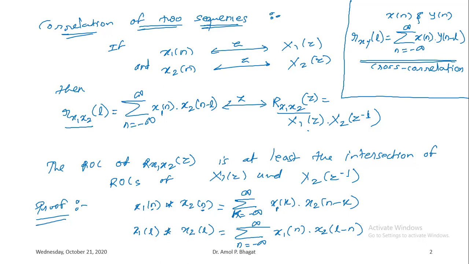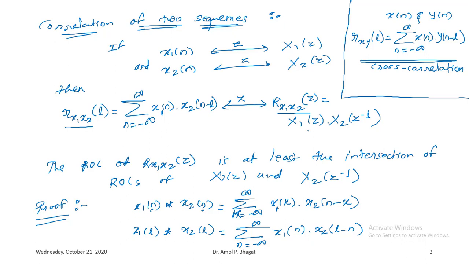So this is the convolution formula, right? x1 of n convolved with x2 of n, as per the convolution formula we can write summation k is equal to minus infinity to infinity x1 of k into x2 of n minus k. So in place of n, if I am taking the L variable, and in place of k, if I am taking the n variable, right? So again, this is nothing but the convolution formula.